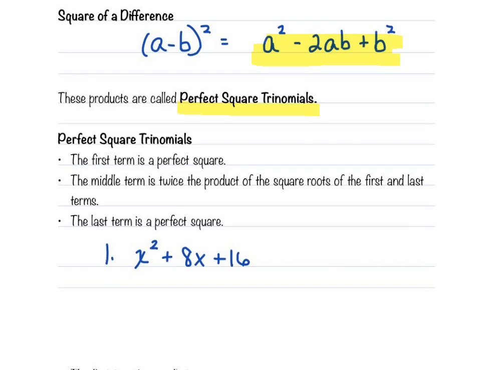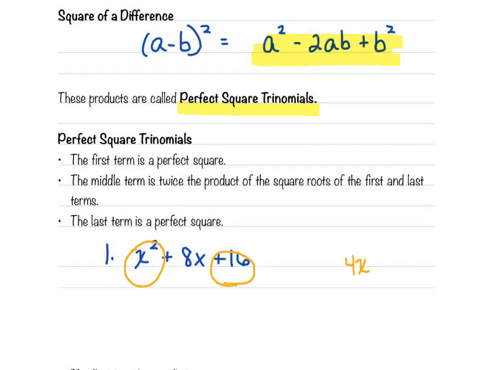So the first question is, is the first term a perfect square? Yes, x squared is a perfect square, and its square root would be x. So keep that in mind. Let's look at the last term. Is the last term a perfect square? Positive 16 is a perfect square, and its square root would be 4.